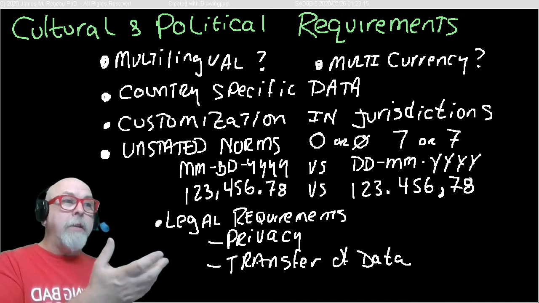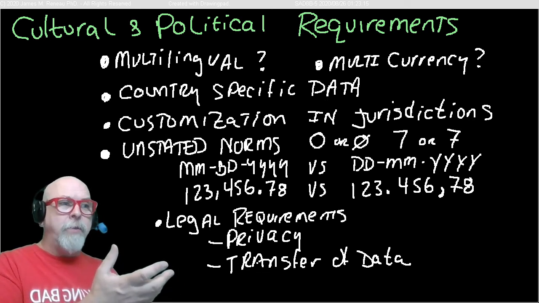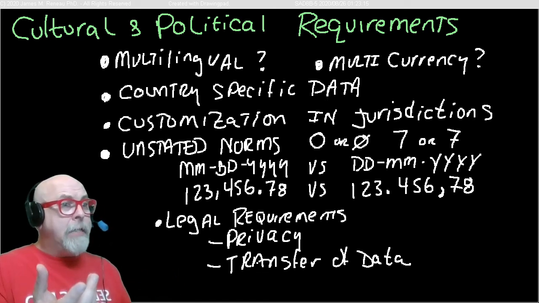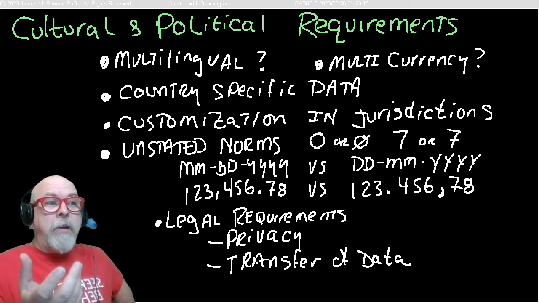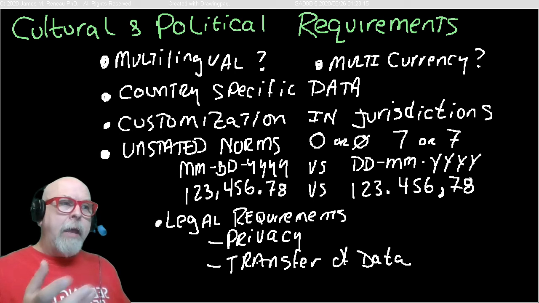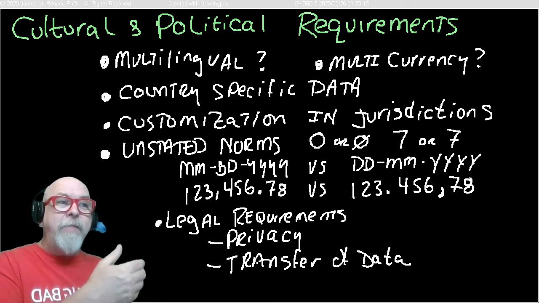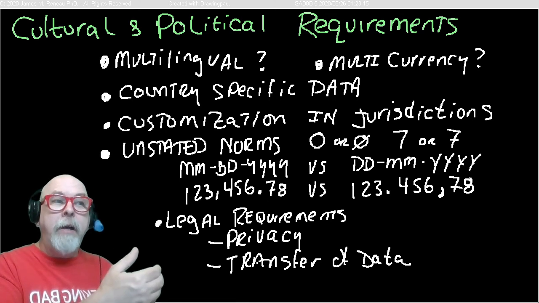Food in a restaurant taken and eaten in the restaurant is taxed for sales tax. But in like Kentucky, anything in a restaurant's taxed, whether it's to go or for here, we don't care. We charge tax.